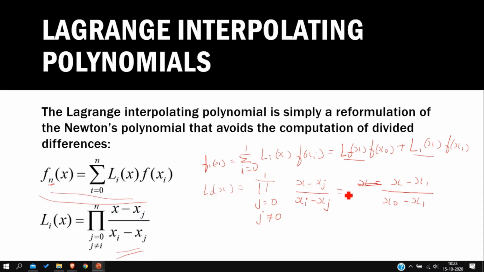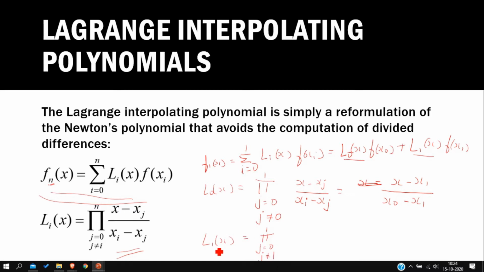So this particular value can replace the value here. So this is x minus x1 divided by x0 minus x1, into f of x0. Then we have to find L1 of x. So that is again pi of j equal to 0 to 1, but j should not be equal to 1.